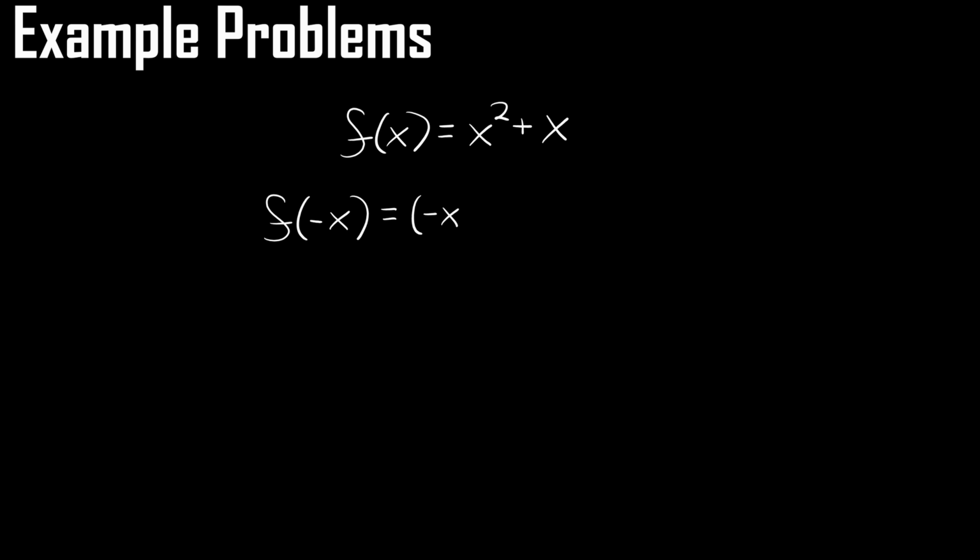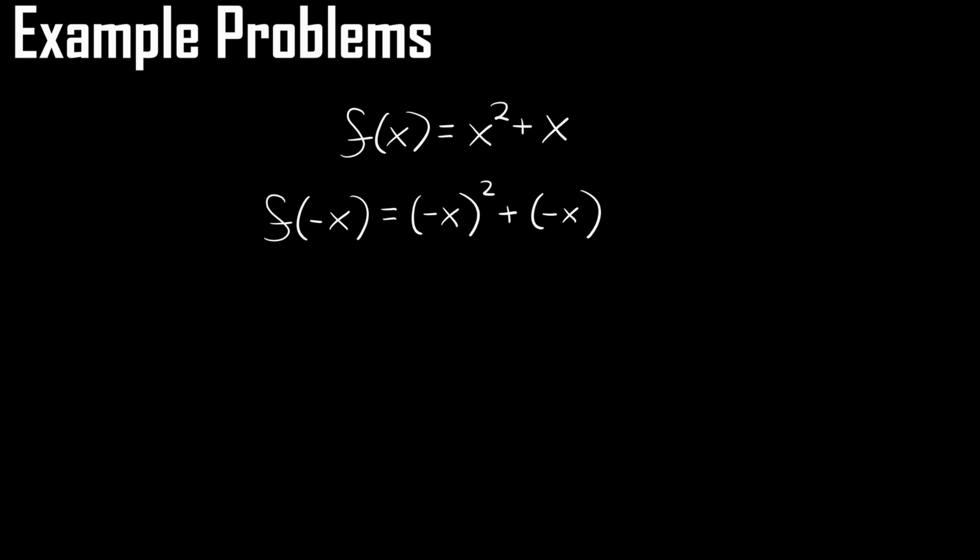So for our last problem, let's do f of x equals x squared plus x. So we're going to plug in negative x. So f of negative x equals negative x squared plus negative x.